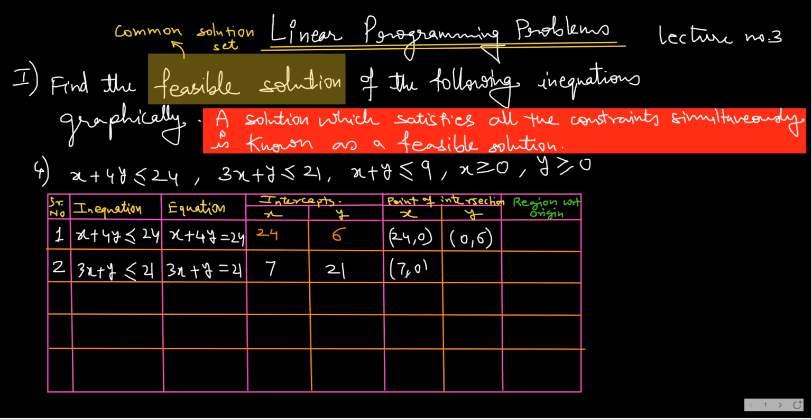So the x-intercept is 7, where the line meets the x-axis. So the point of intersection will be (7, 0). And here it is (0, 21), where the line meets the y-axis.